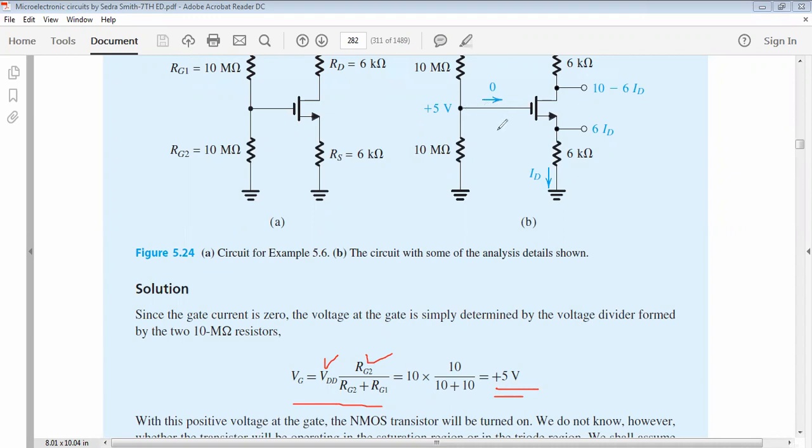And also we know that the gate current is equal to 0. Sorry, not drain current, gate current IG is equal to 0.